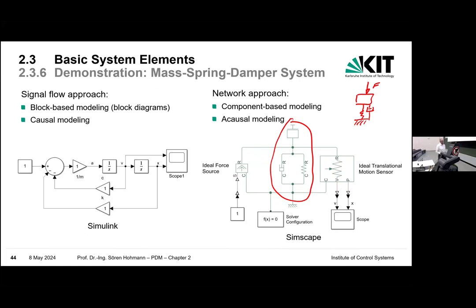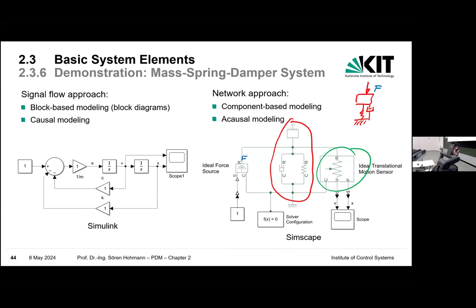So basically, to make it in different colors, here you find F, and over here in green, perhaps, this is a motion sensor which just captures the motion, the speed of the mass.